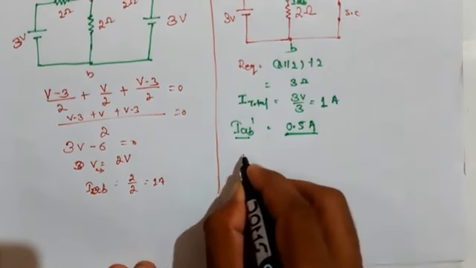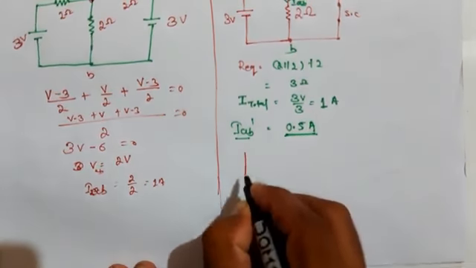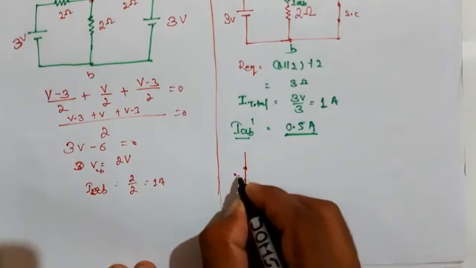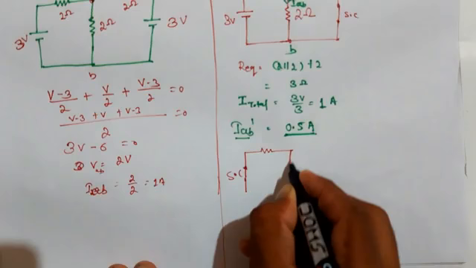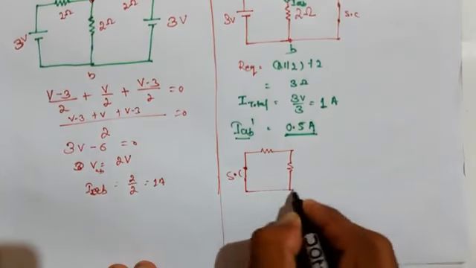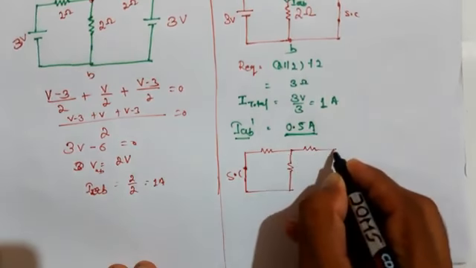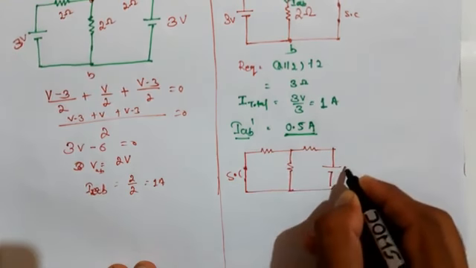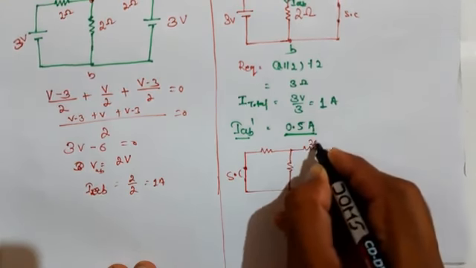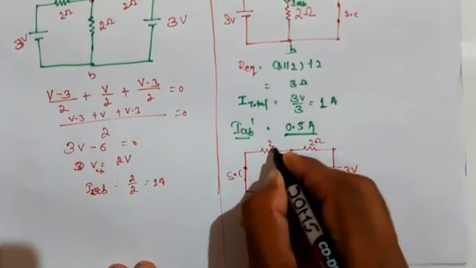If you consider the second source, then the first will be short circuited, replaced with its internal resistance. This is 3 volt, 2 ohm, 2 ohm, 2 ohm.